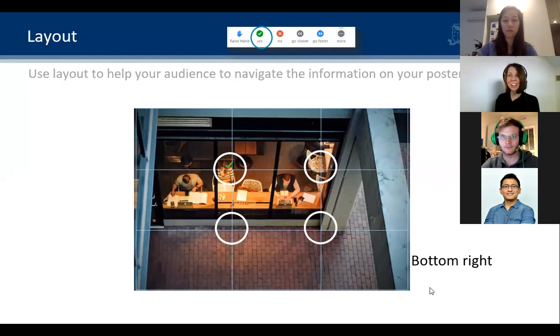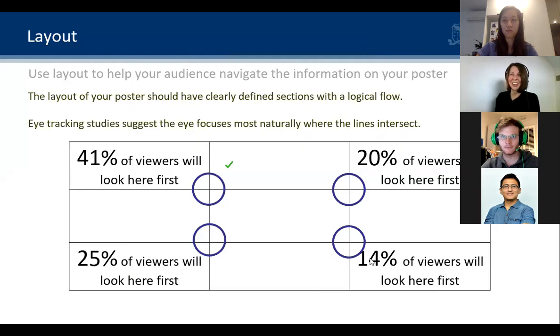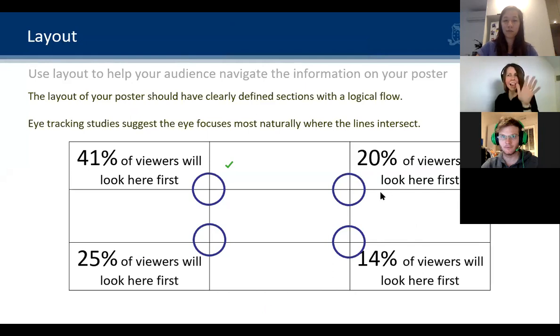You're actually very consistent with what research suggests. In an eye tracking study that looked at where our eyes naturally go, they suggest that our eyes go to where the intersections are, where those lines intersect, where those circles are.